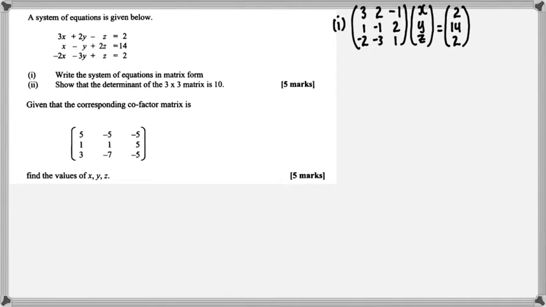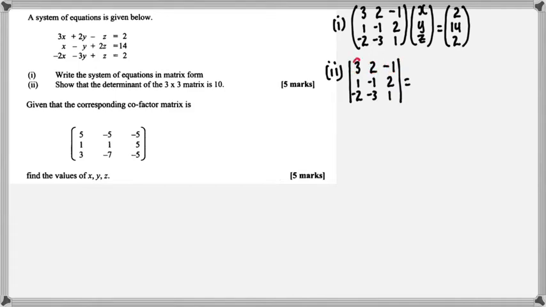So let's write down the matrix, right? This is what we want to find the determinant for, this 3 by 3 matrix. What we need to do is use the cover-up method. We want to focus on the first 3 elements in the matrix, and we want to use the cover-up method.